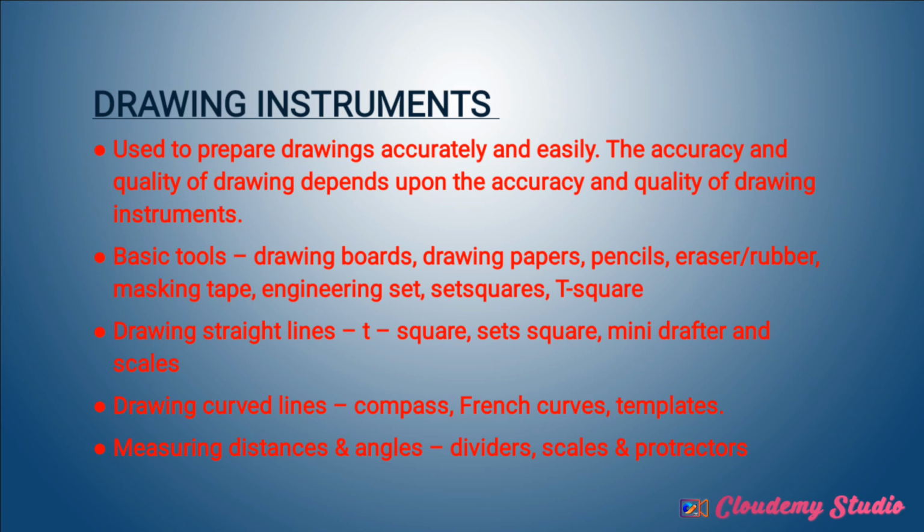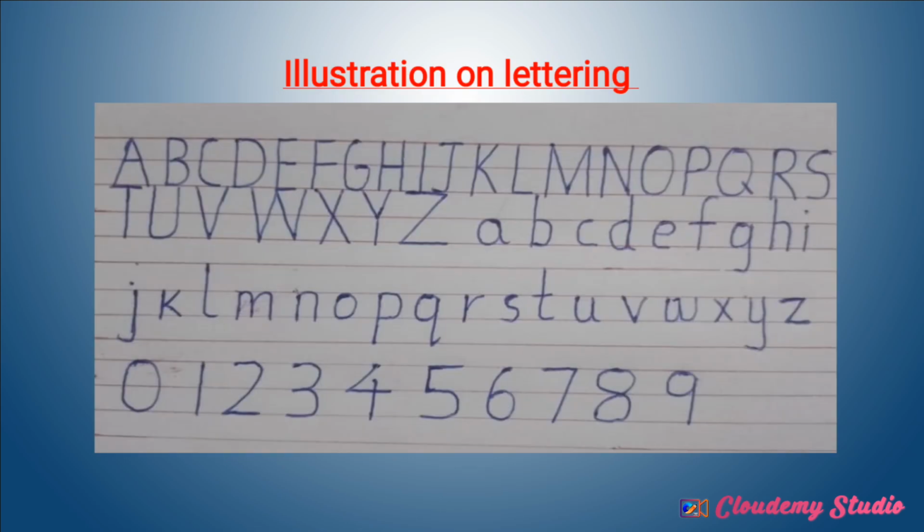As you move to the next slide, I've done some drawing there on lettering. I discovered that when marking your papers, most of us make some errors when making drawings or lettering. You'll find that most of the letters are slanting, some of them are unfinished, and some of them are crooked.